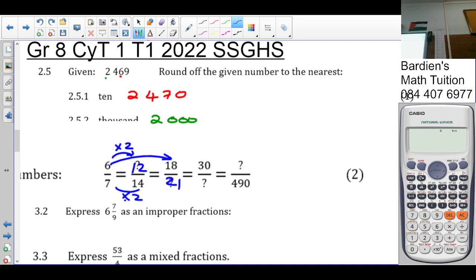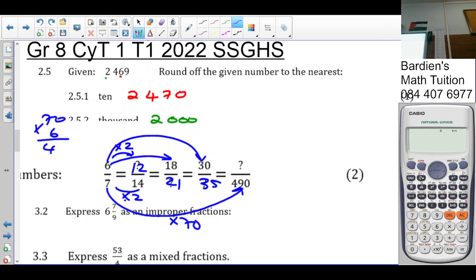So that's going to give you 21. 6 times what is 30? 5. 7 times 5? 35. 7 times what is 490? 70. So 6 times 70. It's 420. Okay? That was fairly simple.